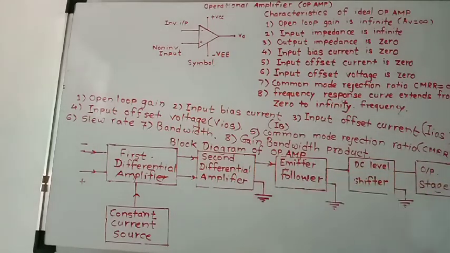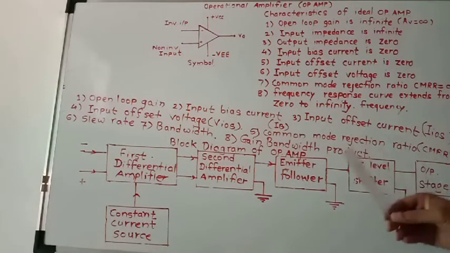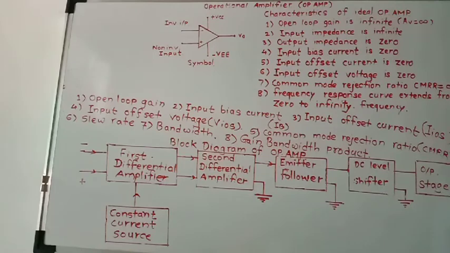What is the function of the second differential amplifier? What is the function of the emitter follower or DC level shifter? What is the function of the output stage? You have to write these functions of all these stages. Okay, so we will stop here.